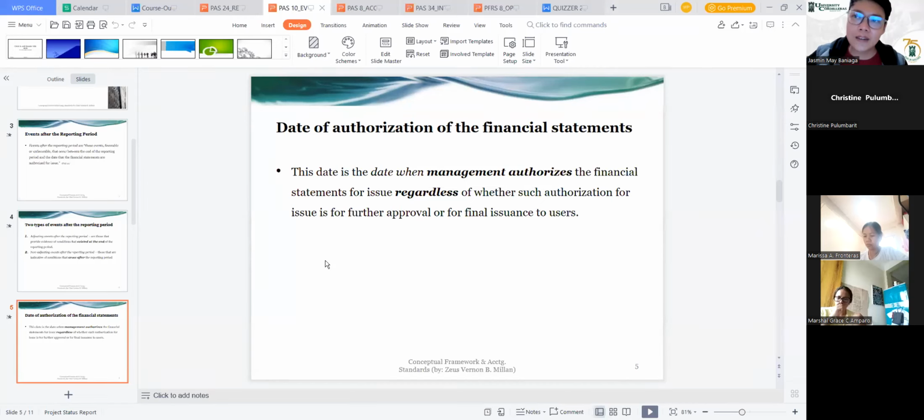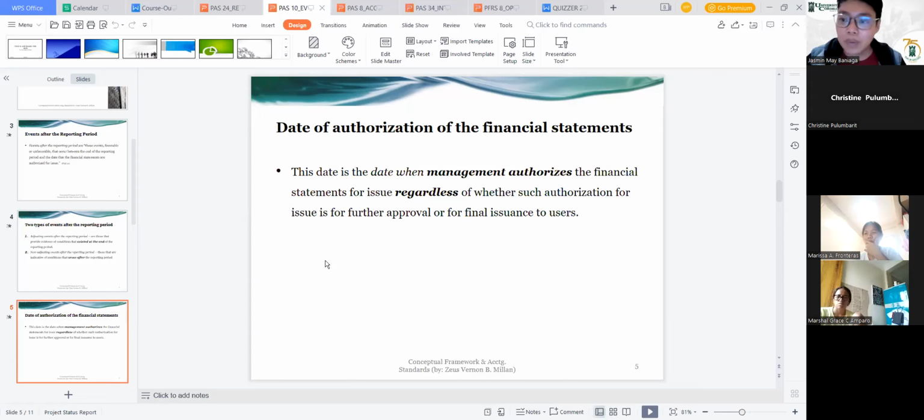But basically, if the period ends December 31, 2022, usually March 2023 is already the date of authorization, but it will depend. This is just the final date when we need to see if it is really an adjusting event for our current reporting period. Our last marker is the date of authorization of the financial statements.